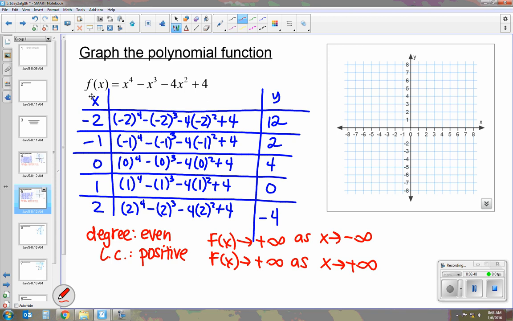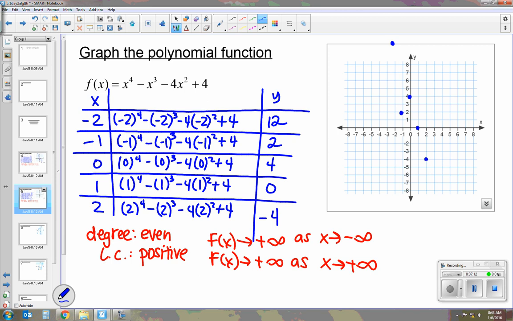All right, so let's graph these on here and then sketch the end behavior. So we have a negative 2, 12, which is about up here, negative 1, 2, 0, 4, 1, 0, and 2, negative 4. Okay? So let's graph this.